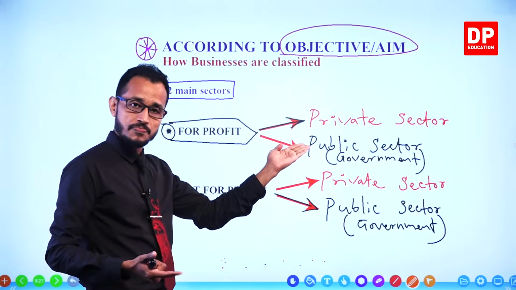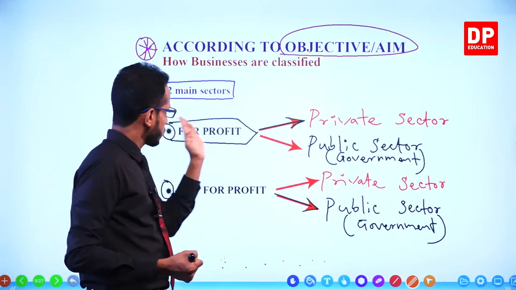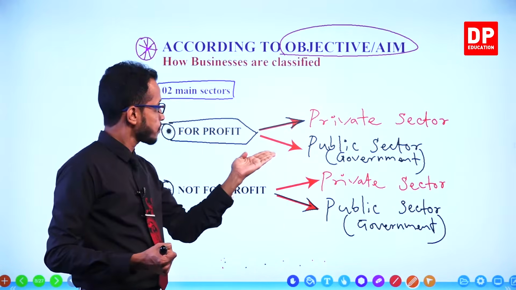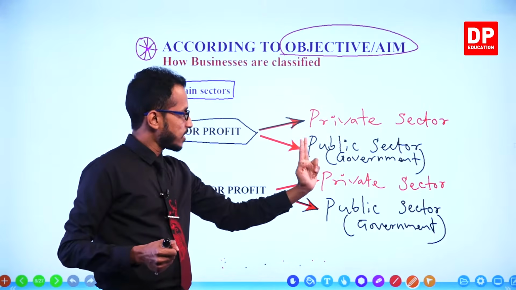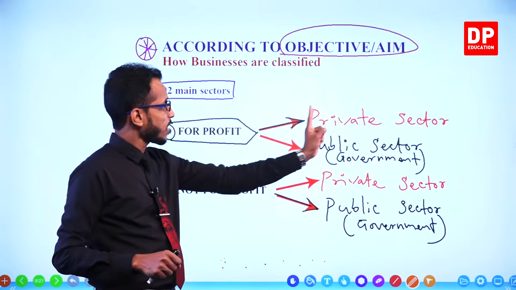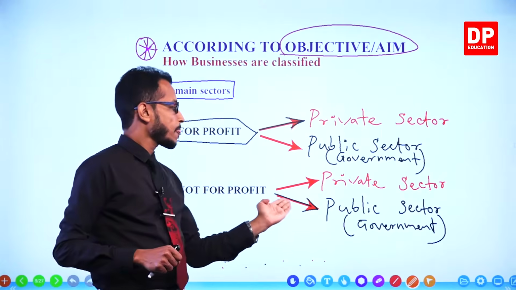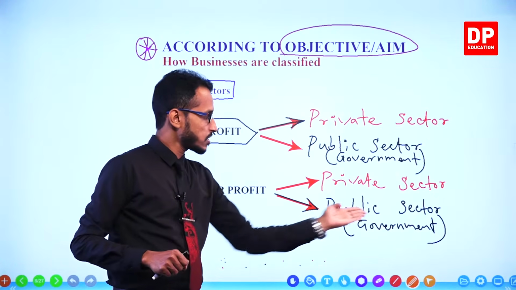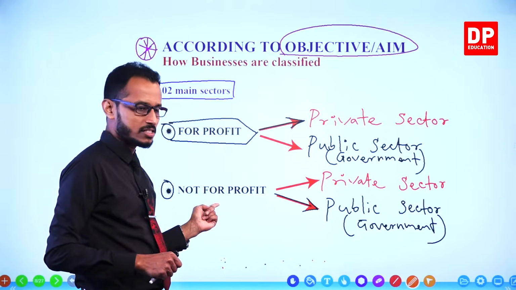For-profit businesses exist in the private sector and in the public sector. I told you most of the private sector businesses are for-profit, and most of the public sector businesses, government businesses, are not for-profit businesses.